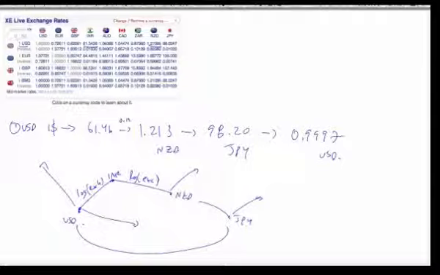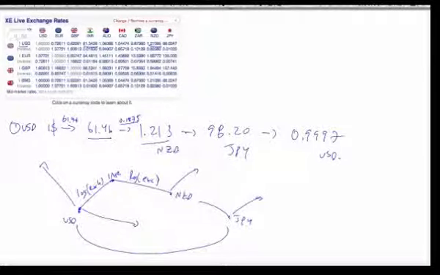Why do we need logarithms? Because these are conversion rates. How did I actually do this conversion? This conversion rate was 61.46, so I took $1 and I got 61.46. Now the conversion rate from INR to New Zealand dollars was 0.01975, and I multiplied how many rupees I had by this, and that gave me this number.